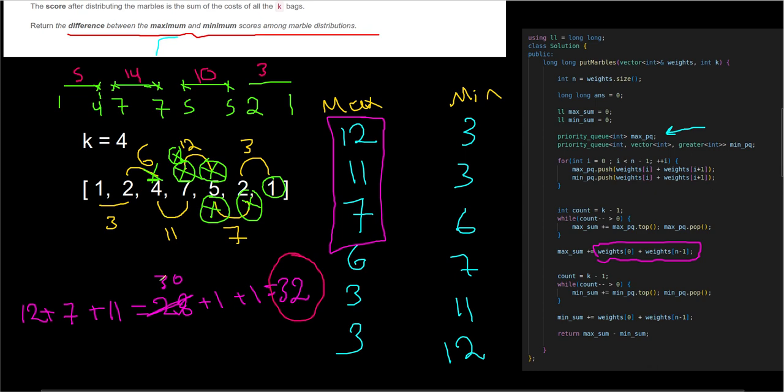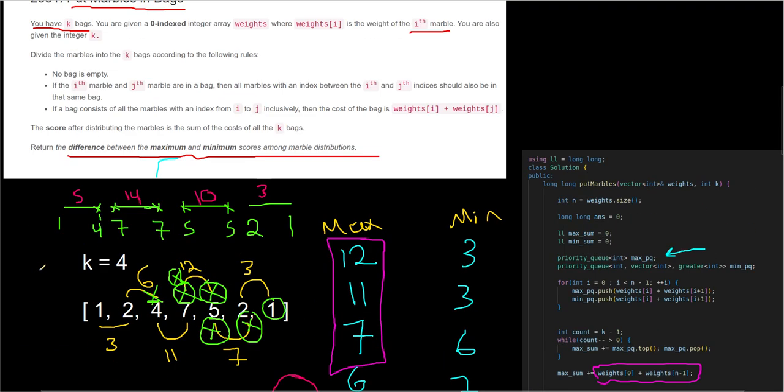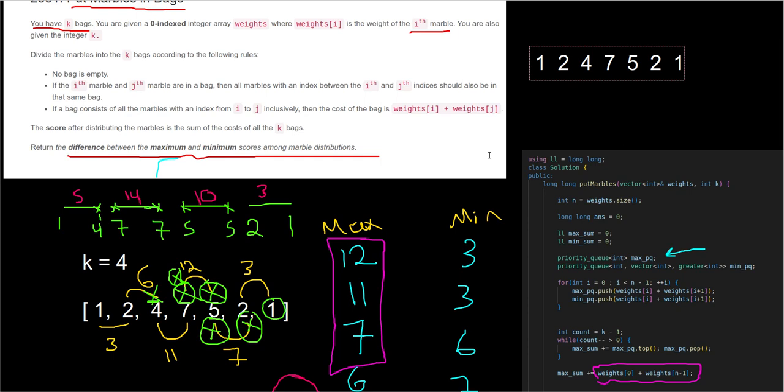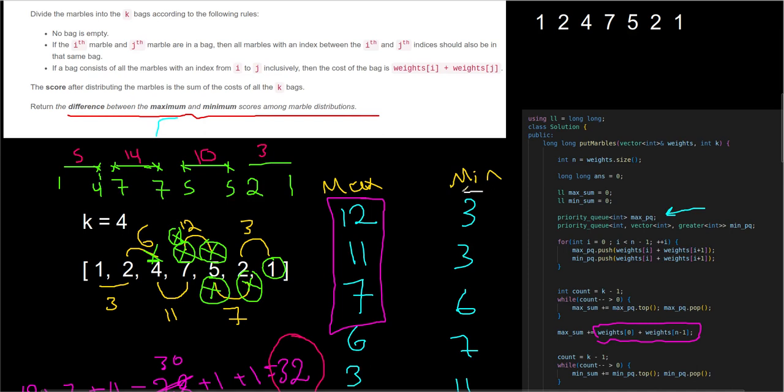Now this is for the max sum. For the min sum, let's write the array again here. We have 1, then 2, then 4, then 7, then 5, then 2, then 1. So for the min, we need to select k minus 1 values, which is 3 values.